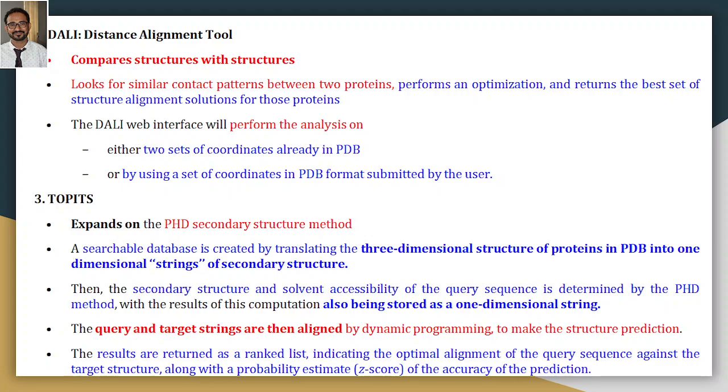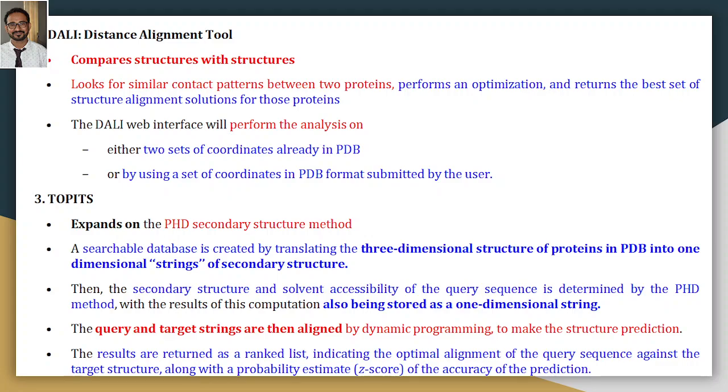You are going to translate the entire three-dimensional structure of the protein in PDB into one-dimensional strings. The three-dimensional structure will be converted into strings of secondary structure. Then the secondary structure and the solvent accessibility of the query sequence are determined by the PhD method, with the results of this computation also being stored as a one-dimensional string.